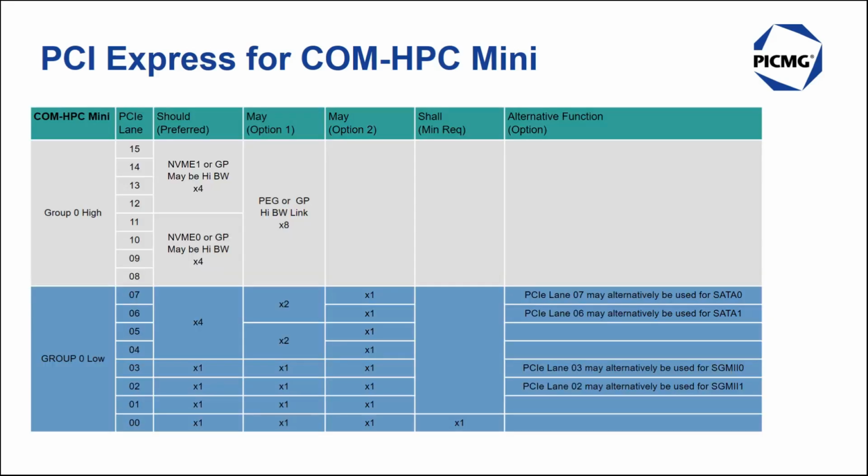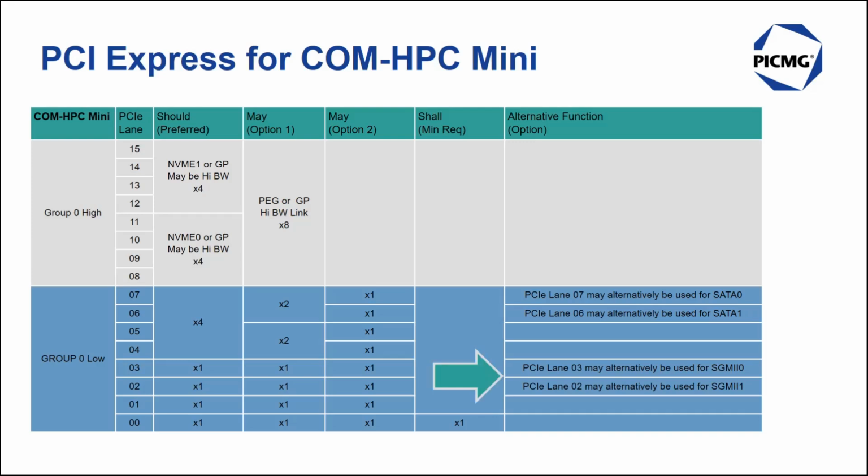Therefore, some PCI Express signals have alternative functions. On PCI Express lanes 7 and 6, COM-HPC Mini modules can optionally provide the alternative SATA function. In addition to SATA, there's a second function that can be implemented as an option on some PCI Express lanes by module manufacturers.